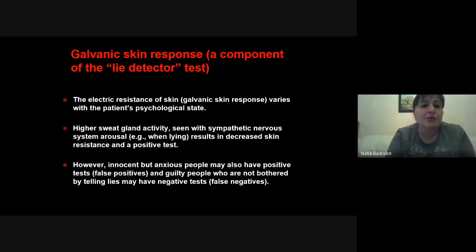The electric resistance of skin, or galvanic skin response, varies with the patient's psychological state. Higher sweat gland activity is seen with sympathetic nervous system arousal. When a person is lying, the sympathetic system of the lying person is aroused, so it results in decreased skin resistance and a positive test.